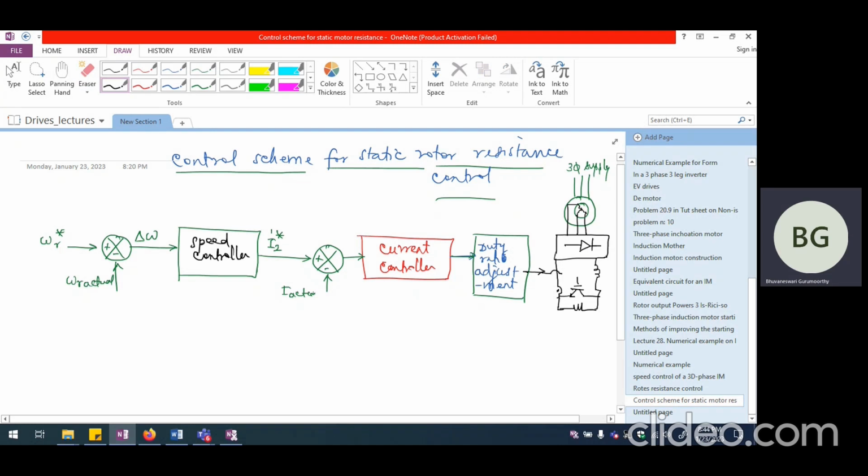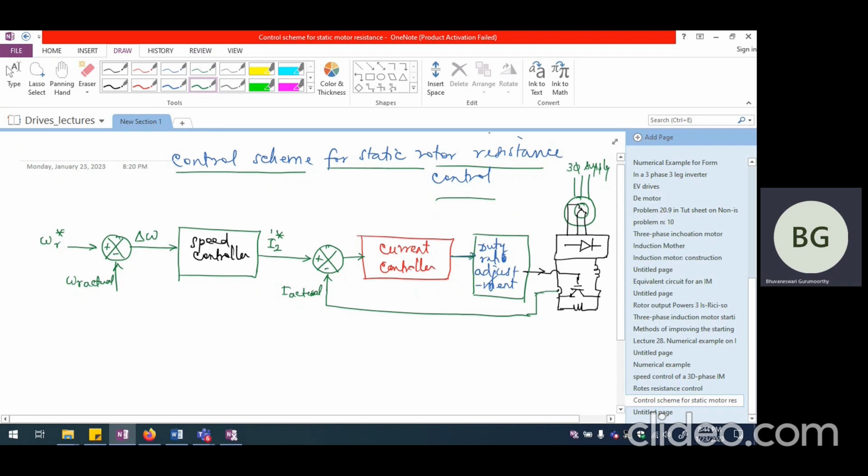And this duty ratio control is going to the switch here. This is the switch. Now, from here, the I actual is going to be fed to this particular node. So this is the I actual that is being fed so that the current controller is in a position to process the error.